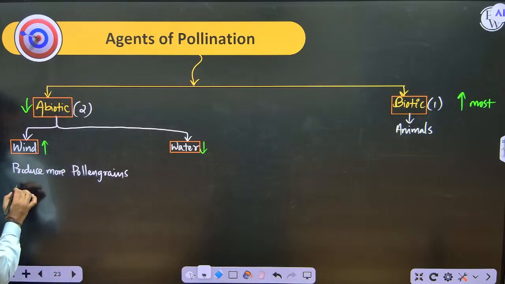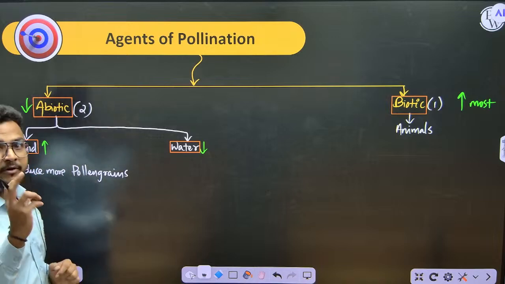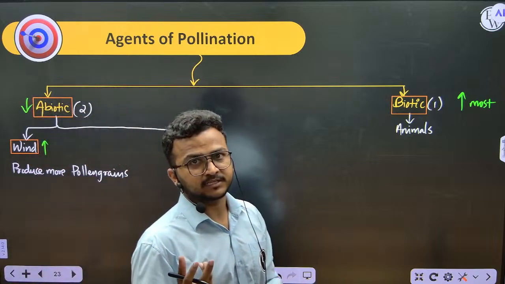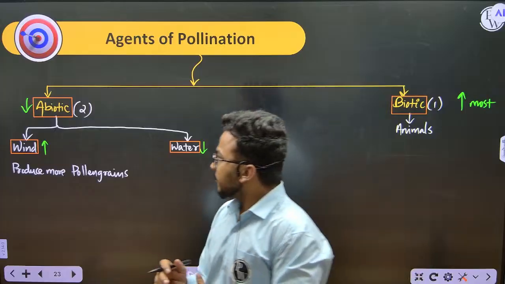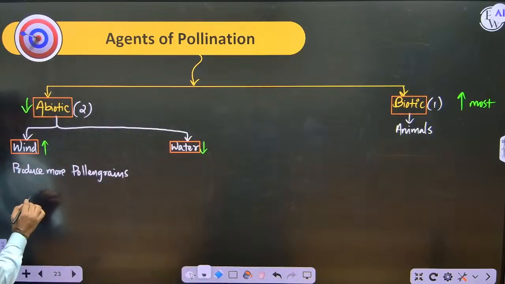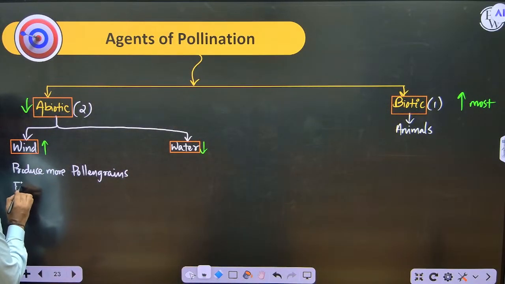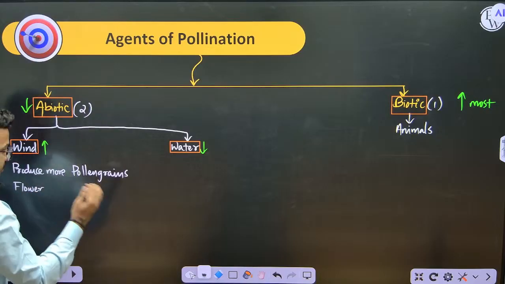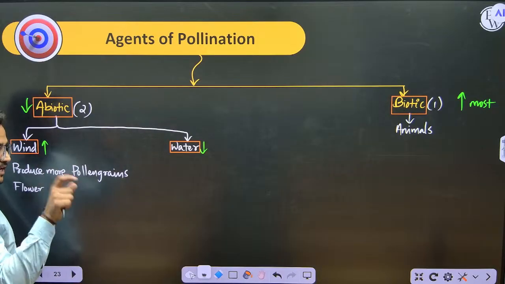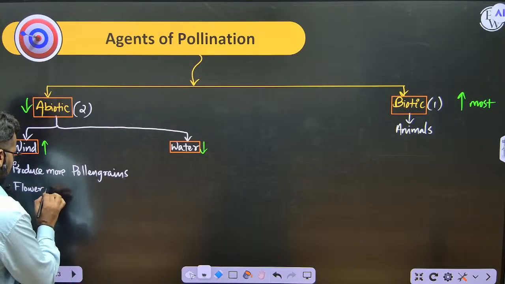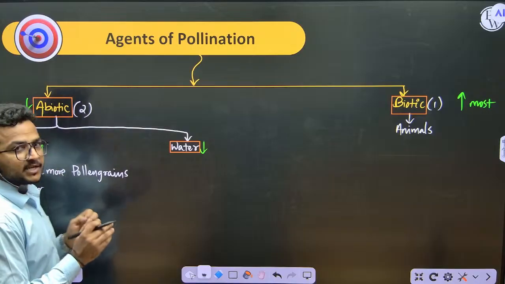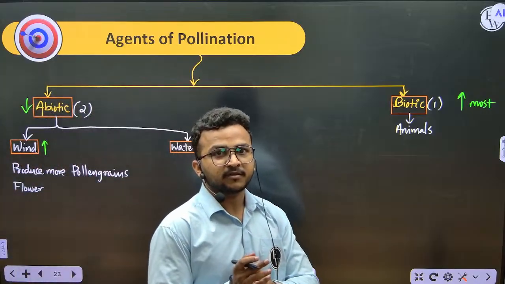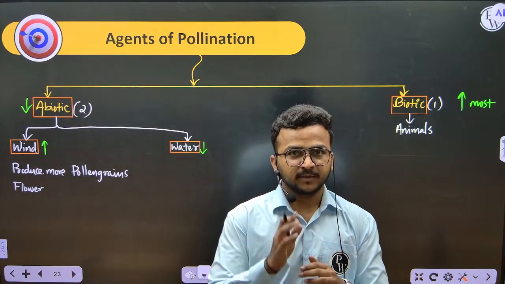And next, how will the flower be in the case of wind pollination? The flower will be exposed. Even if the flowers are small, they will be present in an inflorescence. Inflorescence is nothing but the arrangement of flowers on the floral axis or stem axis.